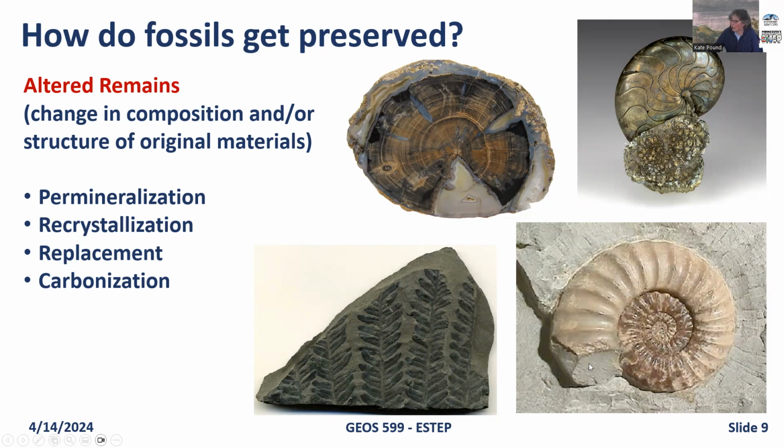You can see that the empty spaces in this organism were filled up with sediment. But when the shell material recrystallizes, so we have a shell that was carbonate originally, that carbonate recrystallizes.